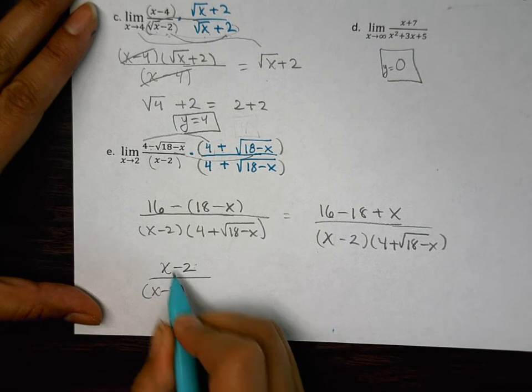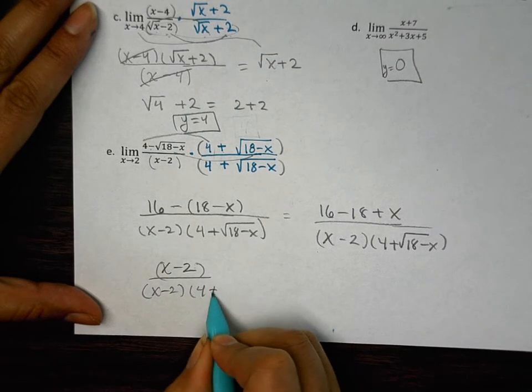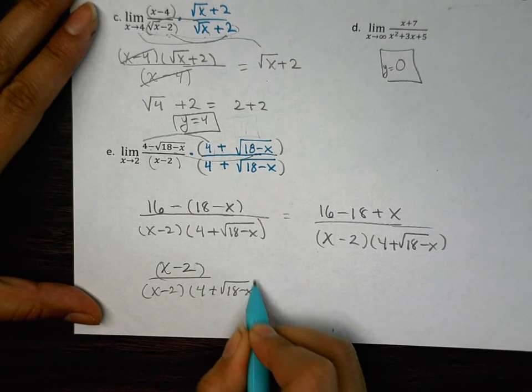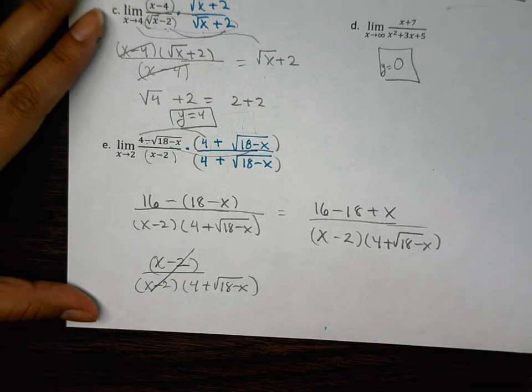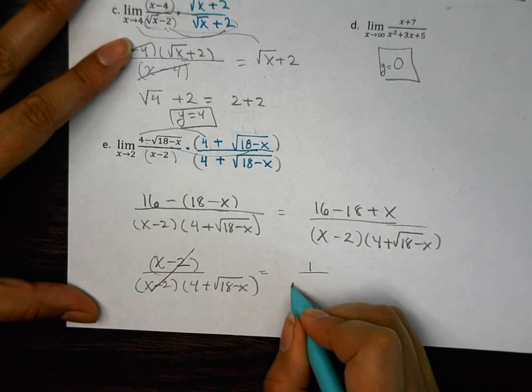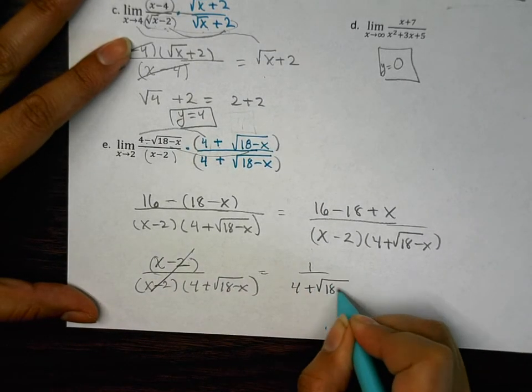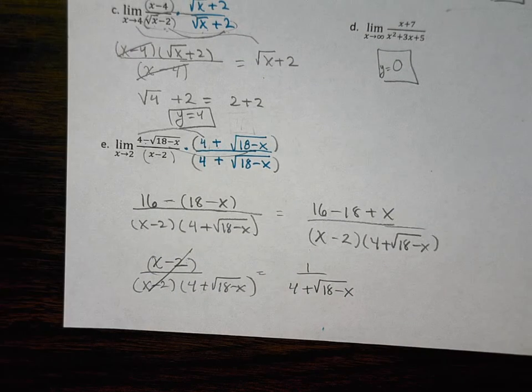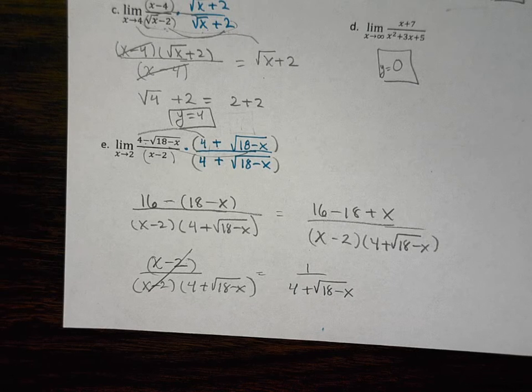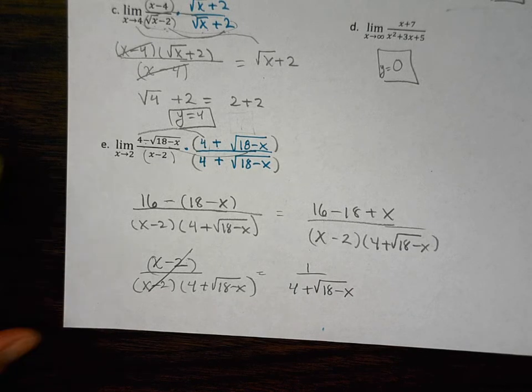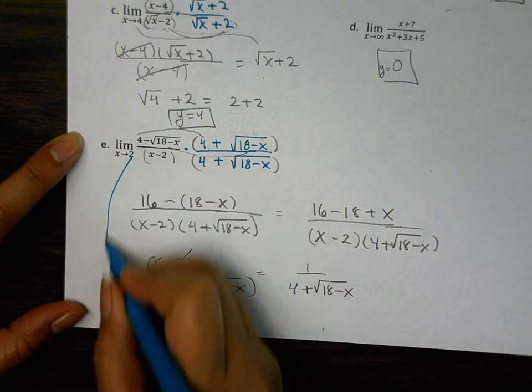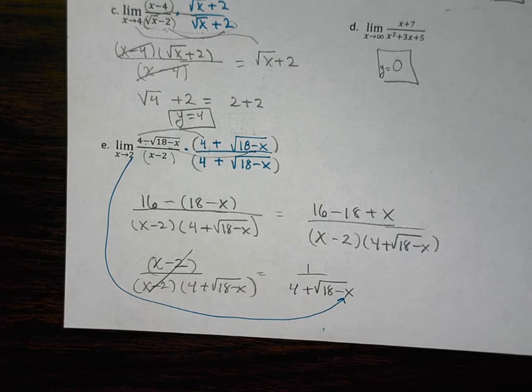Is that the same as x minus 2? Yes, and can I reduce that with the x minus 2 at the bottom? Is that what we were hoping to do? Which is why we left it in factored form. All right, what's the last thing to do? Anyone? Do I do conjugate again? I do not. What's the last thing to do? Plug it in.